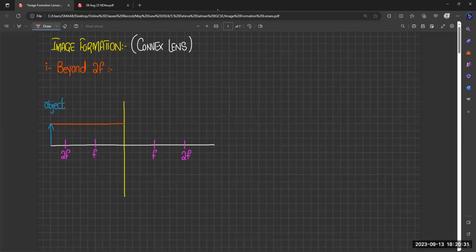So one is the possibility that light might pass parallel to the principal axis. So you know that it will always pass through the principal focus, right? Okay. And if light passes from the center, so it will always move through the center, right?